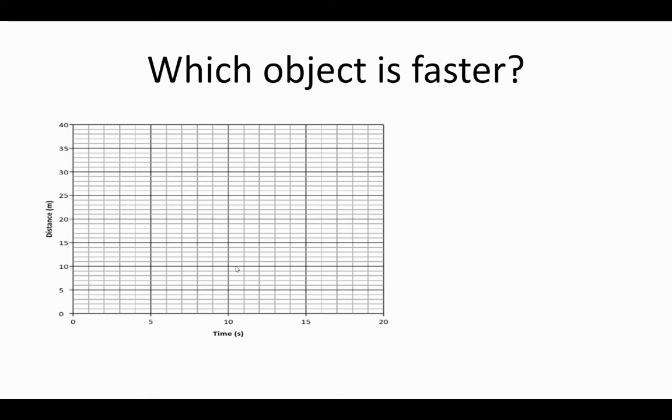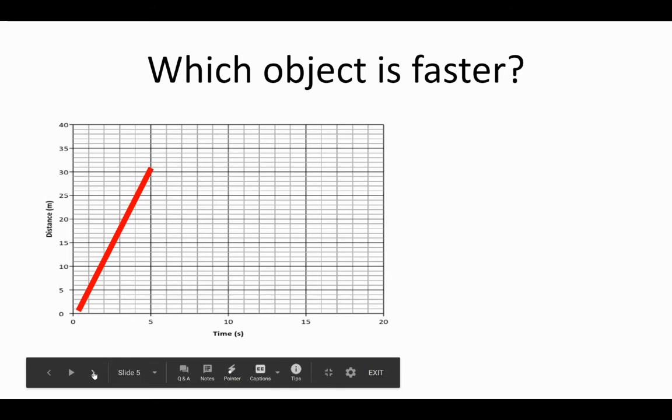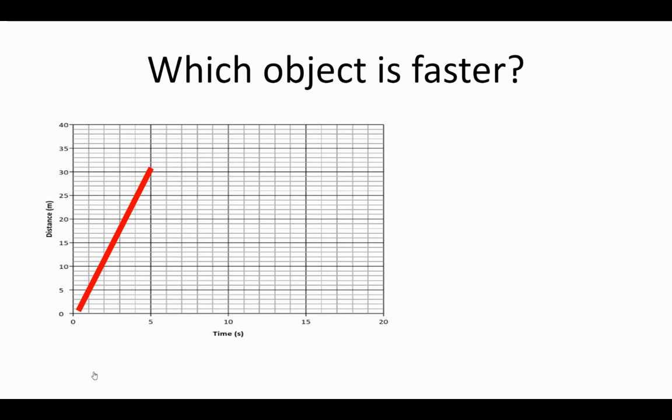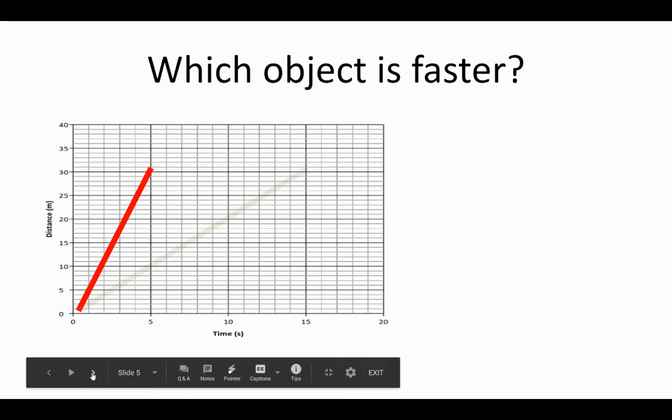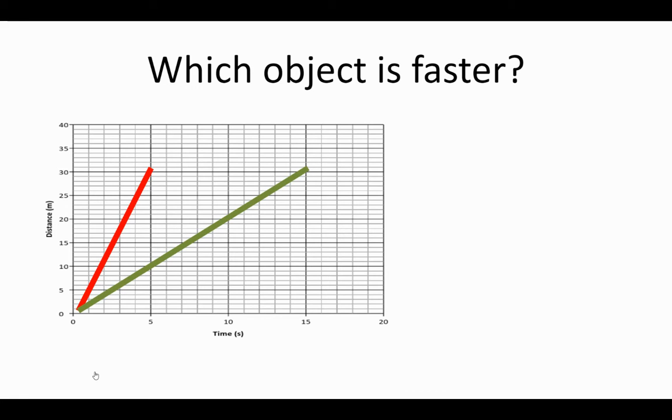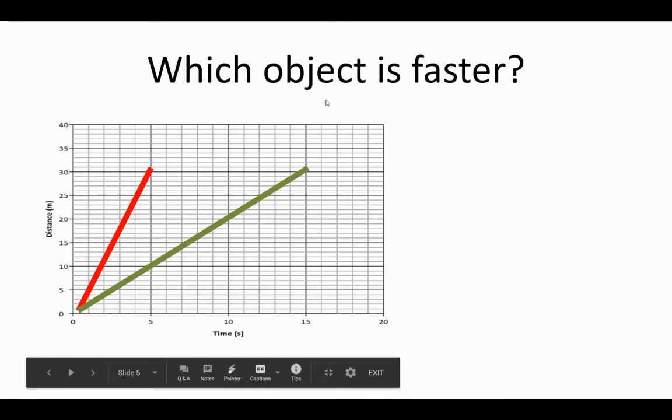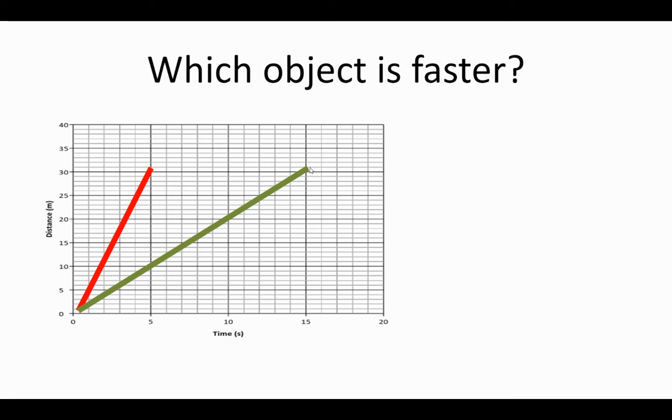Which object is faster? That one, the red one, or the green one? Which one is faster, the red one or the green one, Thomas? The red one. Now the green one's longer, and it still went the same distance, but it took a longer time to get there, didn't it?